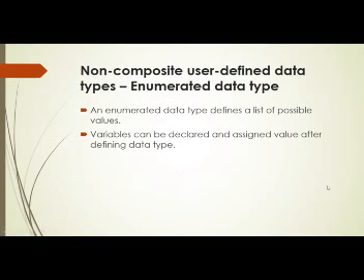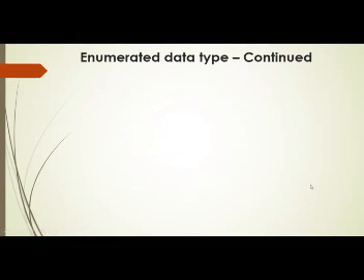After declaring the data type, we can declare variables and assign values to those variables. Now let's go through an example pseudocode, and then let's go through a program to understand this concept.